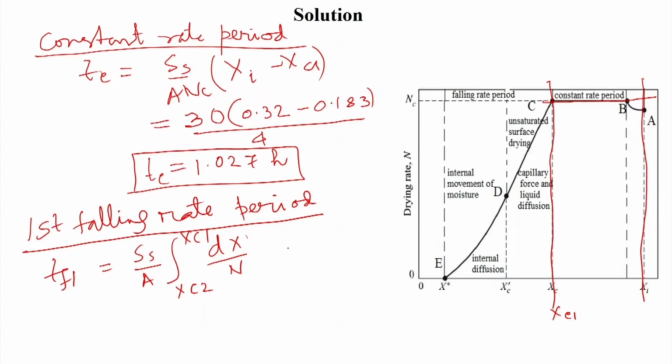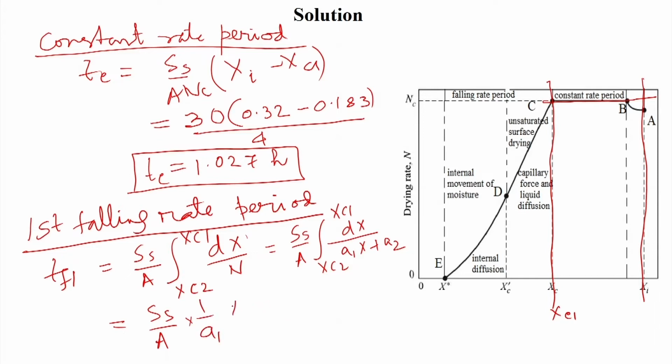That will be equal to Ss by A into integration xc2 to xc1 dx by (A1 x plus A2). So, from there we will get Ss by A into 1 by A1 into ln of (A1 xc1 plus A2) divided by (A1 xc2 plus A2).